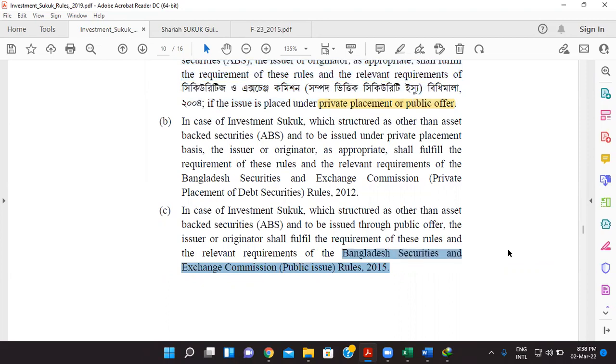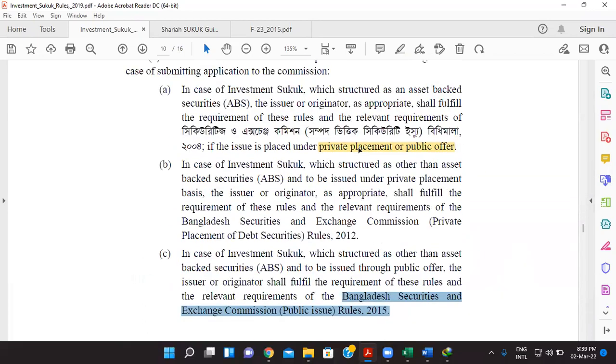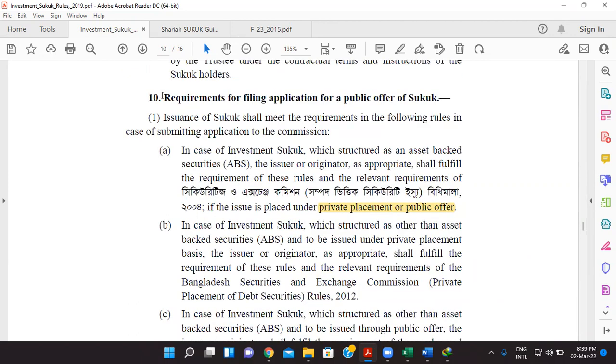Can you recall a couple of minutes ago, I was saying the Public Issue Rules 2006? Public Issue Rules 2006 no longer exist now. From here, you see that Public Issue Rules have been updated to 2015. Now you have to comply with the Public Issue Rules 2015. So from here, you see 3 points. You need to understand what has been said here, what you need to follow, for what purposes.